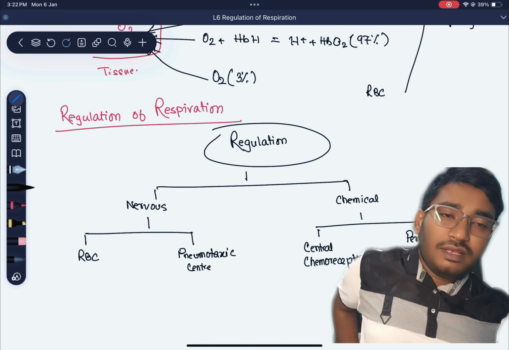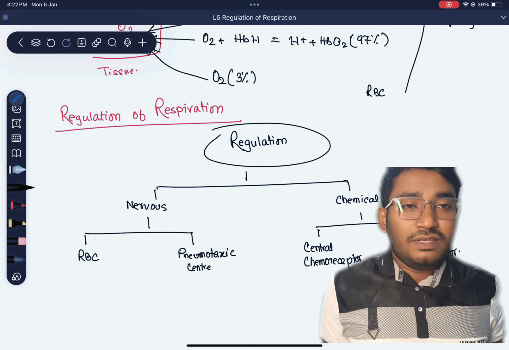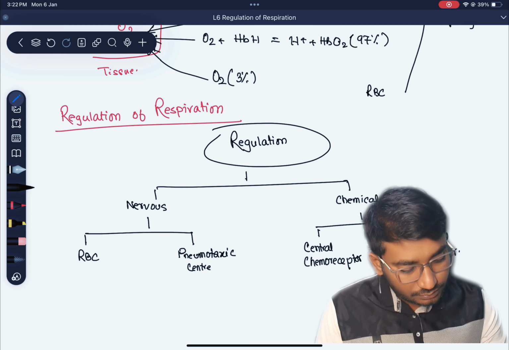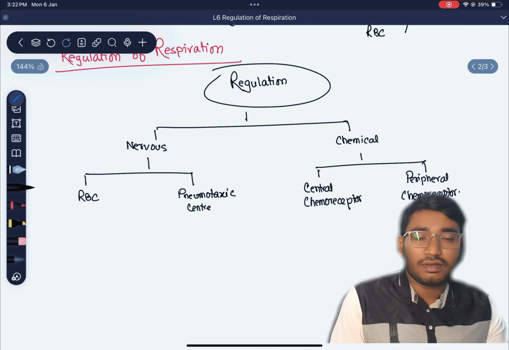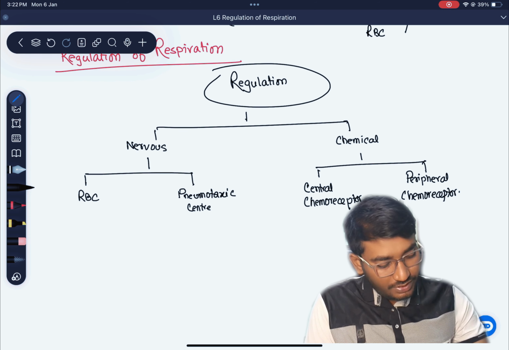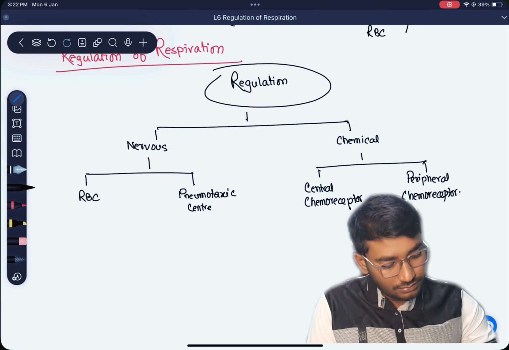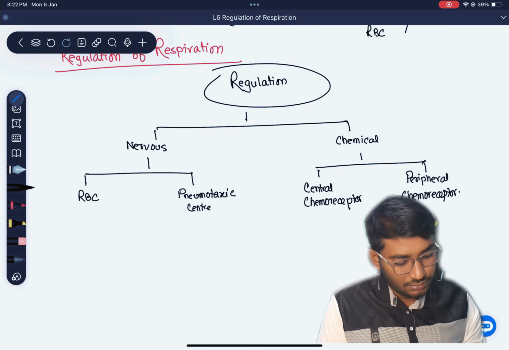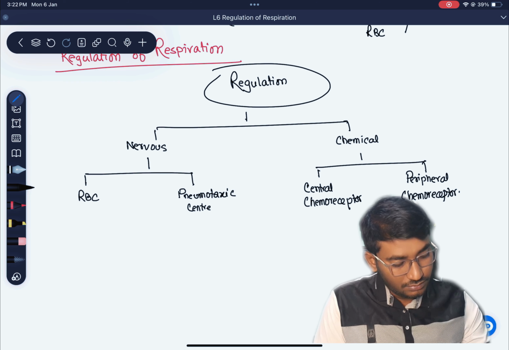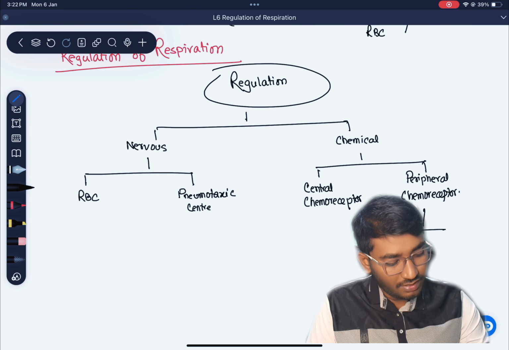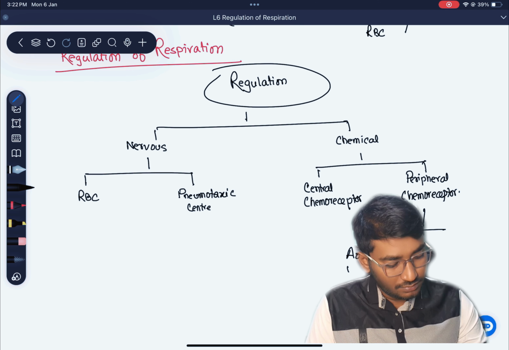In the nervous system chapter I will elaborately discuss everything about these. Peripheral chemoreceptors are located in the aortic bodies and the carotid bodies.